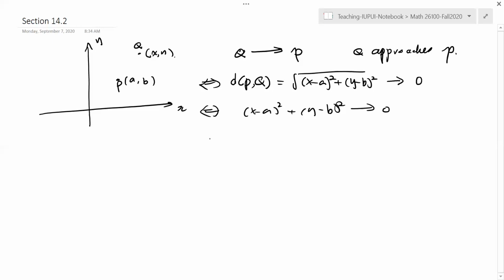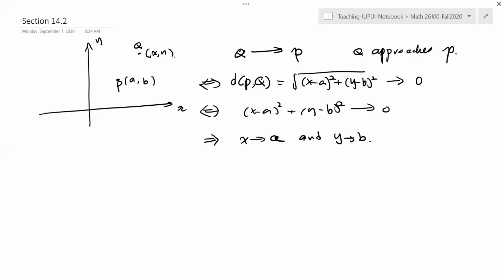So this implies X approaches A, otherwise the square and the addition term will not approach 0, right? And Y approaches B, okay, at the same time. The reverse is equivalent.